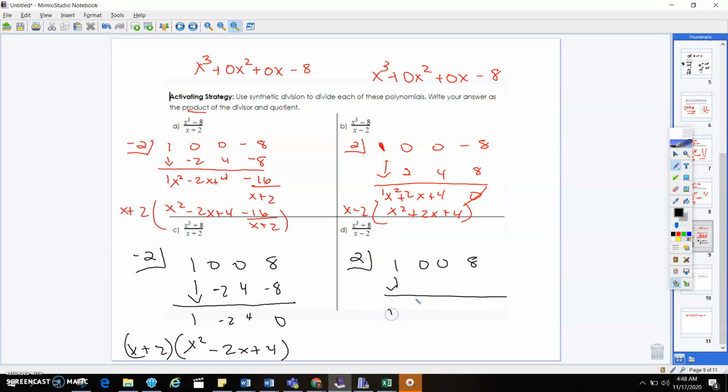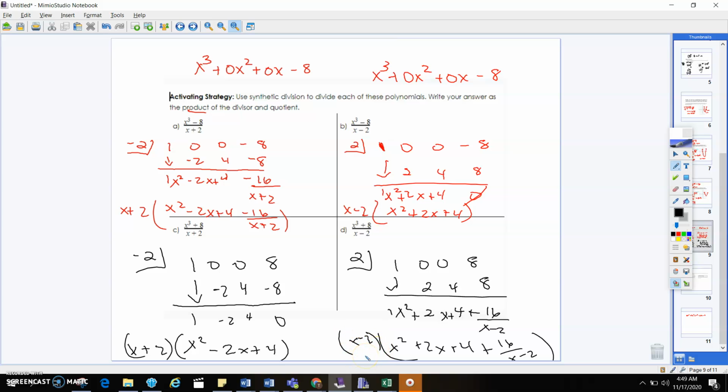Bring down the first one, multiply, add, multiply, add, multiply. So this will be x squared plus 2x plus 4 plus 16 over x minus 2. And multiply all that junk by x minus 2. Sorry, I ran out of room.